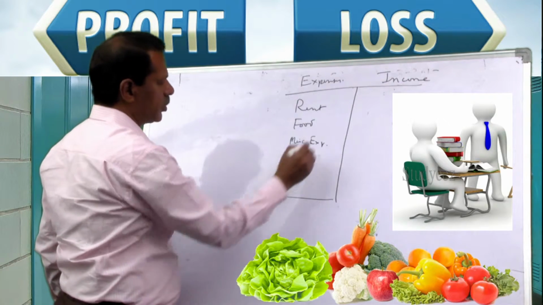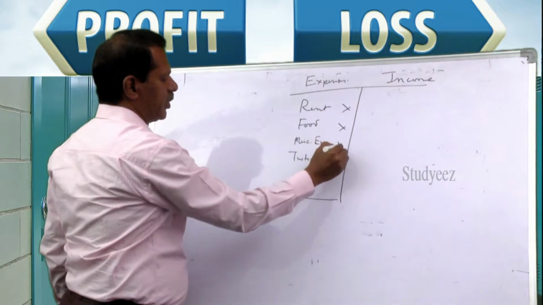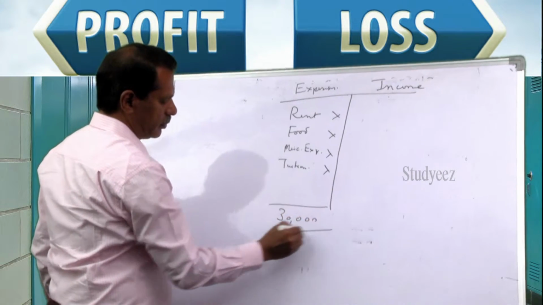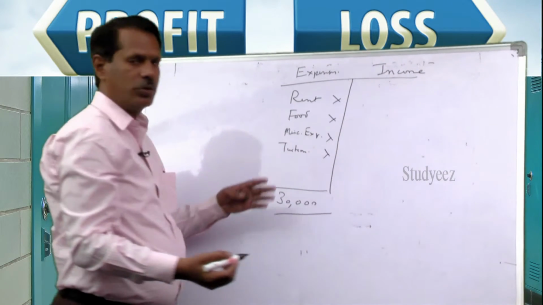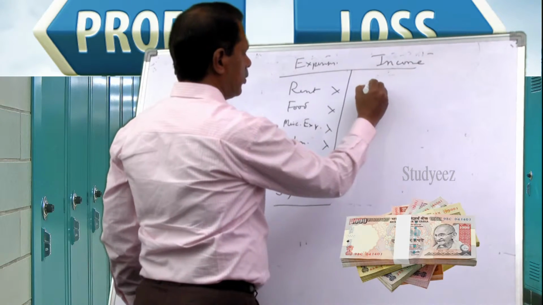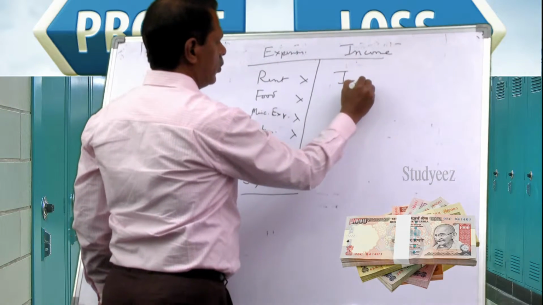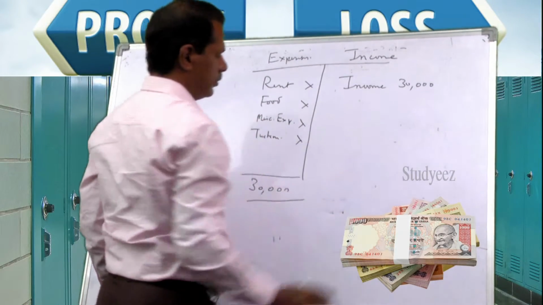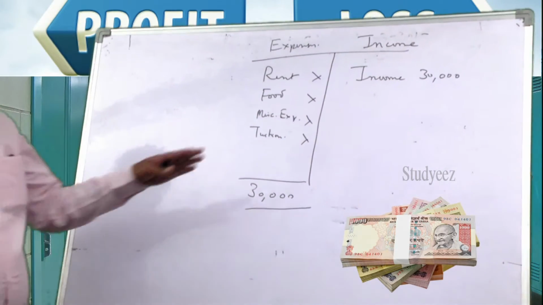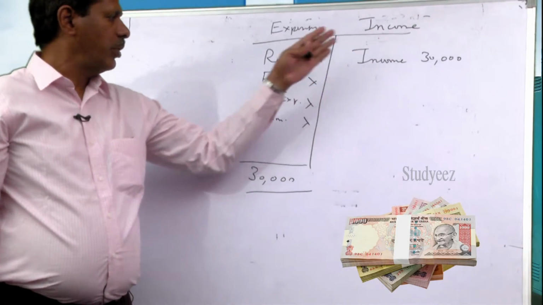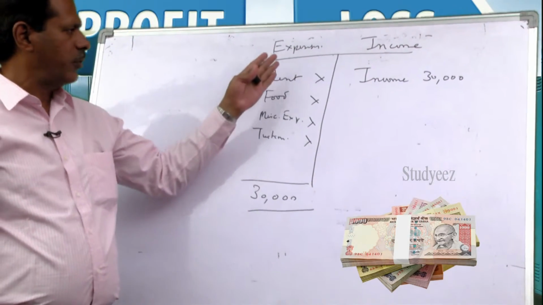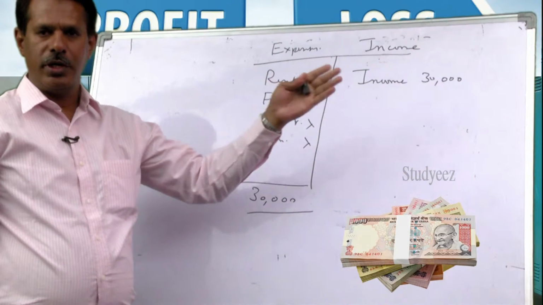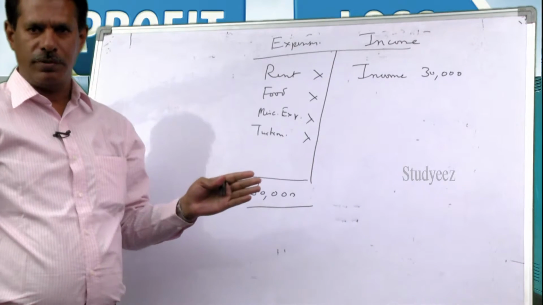So totally, suppose say your expenses for the month comes to around 30,000. Okay, and your minimum income should be 30,000. So therefore you see this is the income, and what you are doing with the income is this. So therefore it's called as an income statement, the statement of your earnings and expenses in simple form.